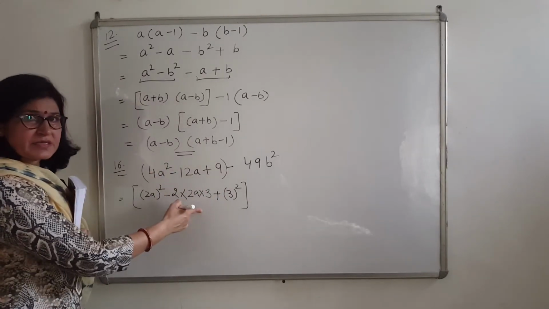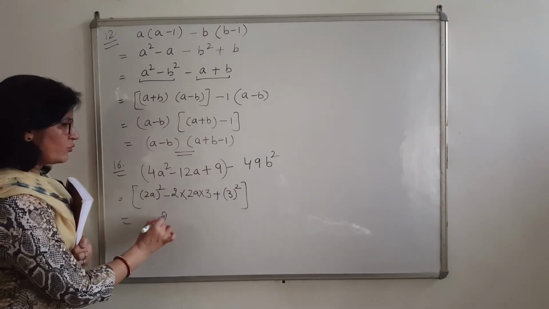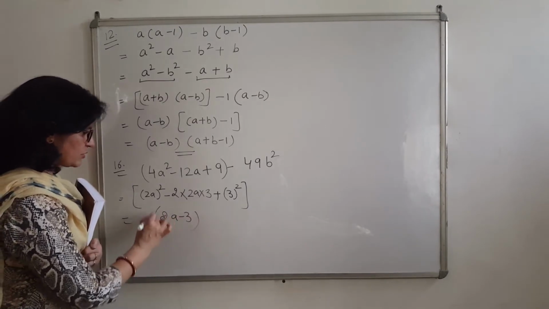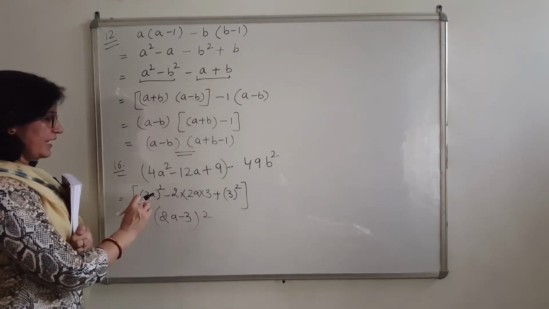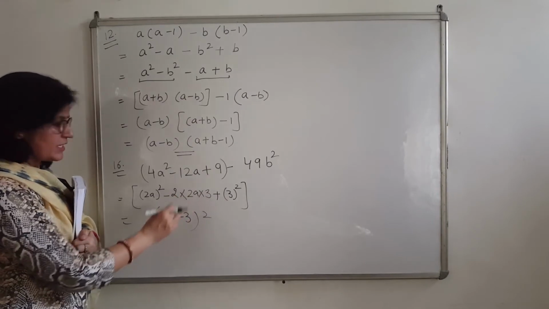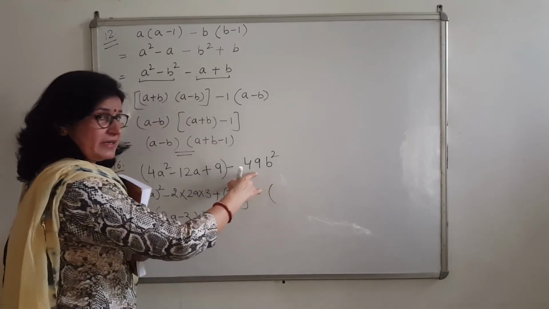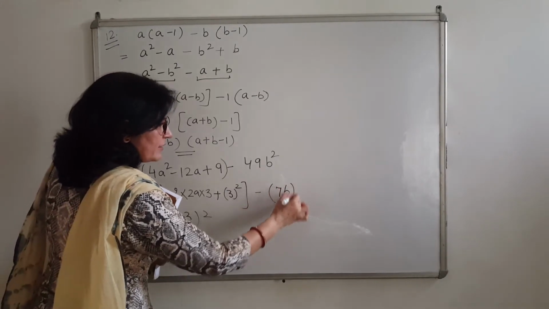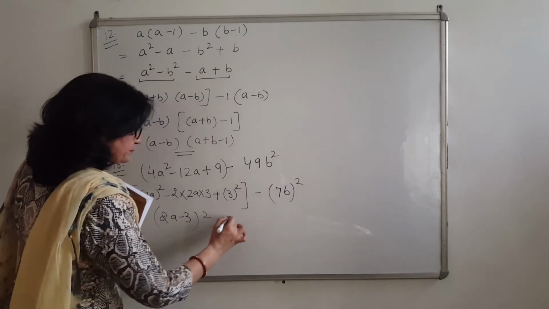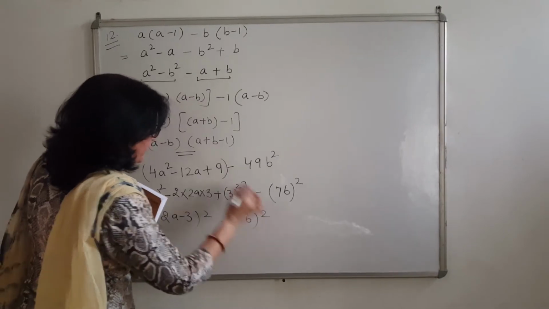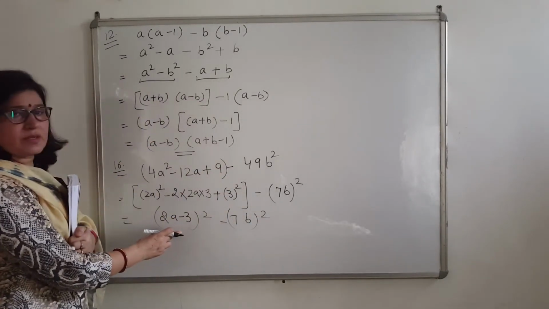So this we can represent as 2a minus 3 whole square by using the identity a square plus b square minus 2ab equals a minus b whole square. Here 49 is the square of 7, so we can write it as 7b square.